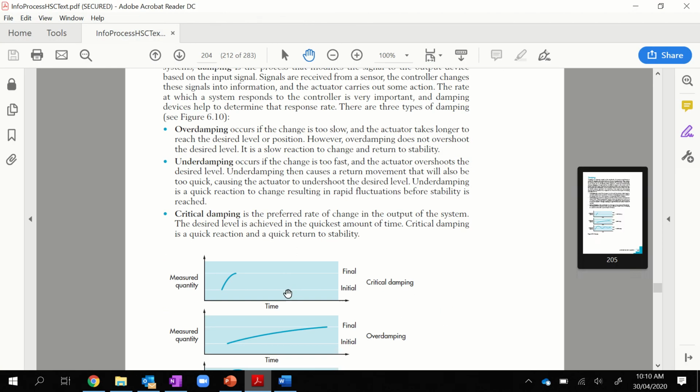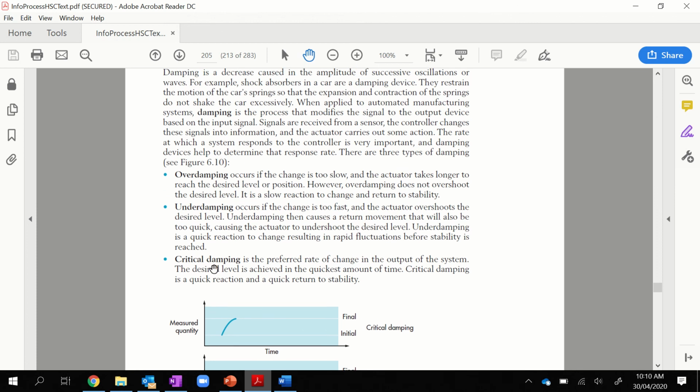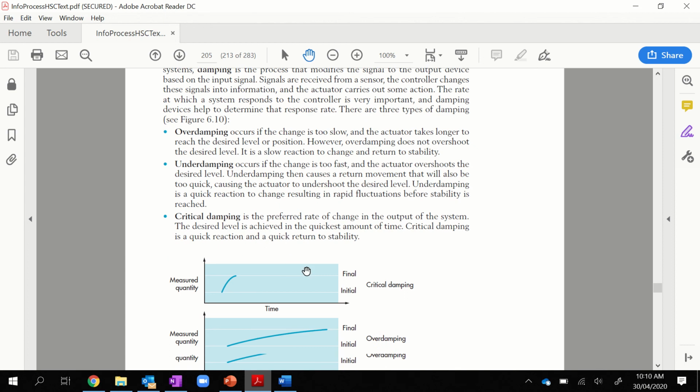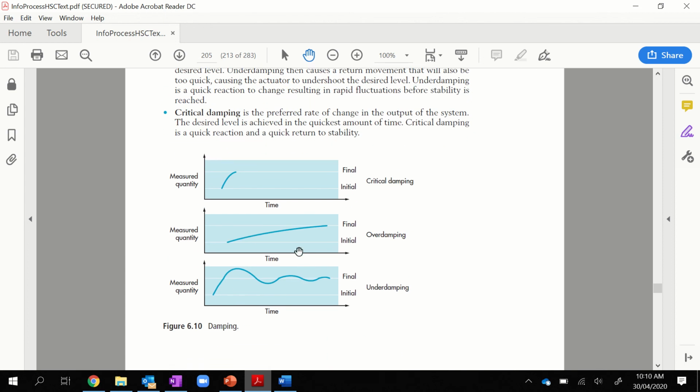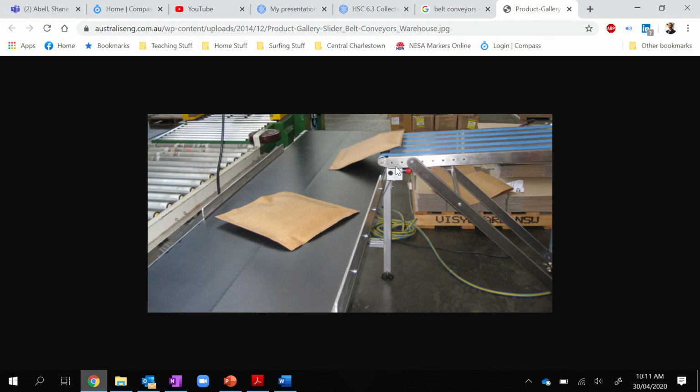Now, critical damping, let's have a look at this, right? Critical damping is the preferred rate of change in the output of a system. And there's a diagram here that explains critical damping. So everything here is perfectly timed in critical damping. Now, if it comes down here and the sensor detects that it's there, and then this parcel moves on, and the stamp comes down and hits the table instead of hitting this parcel, the parcel has moved too quick.